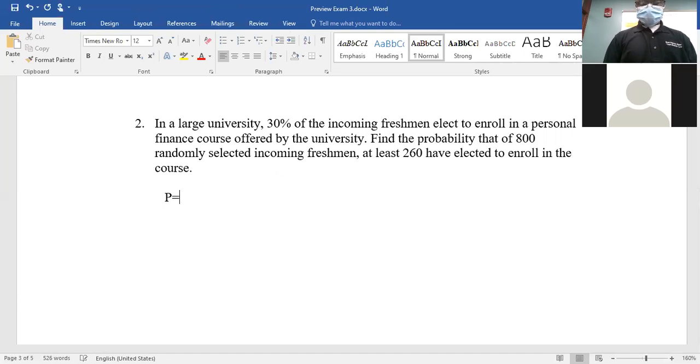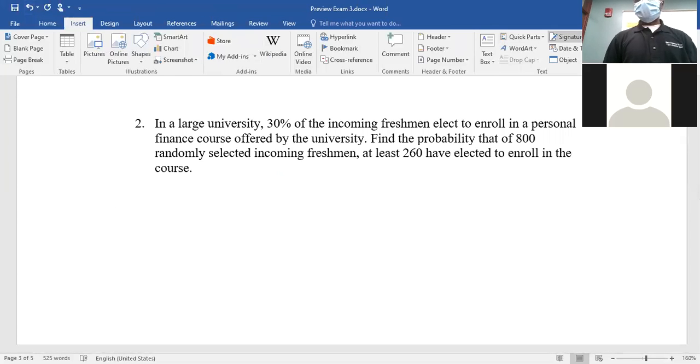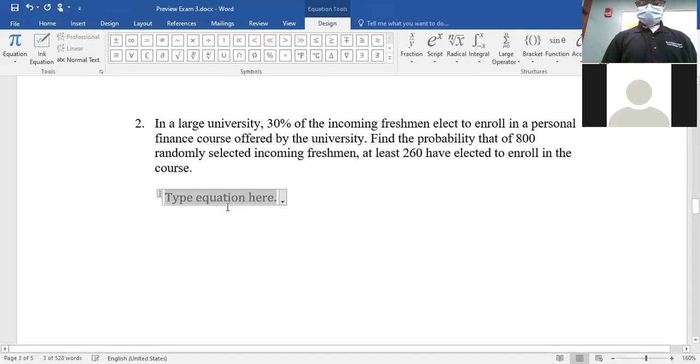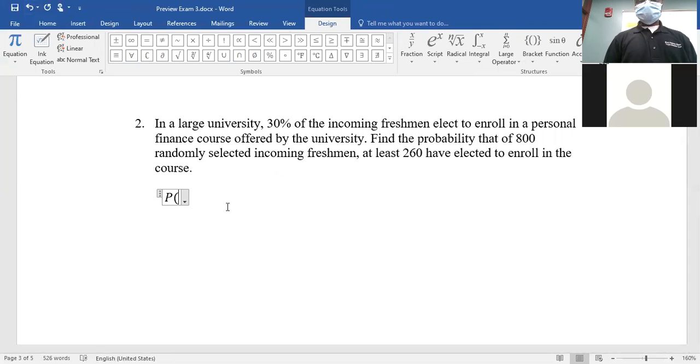So P equals what? The probability of success. We want to find the probability that at least 260 have selected, that is X is greater than or equal to 260.